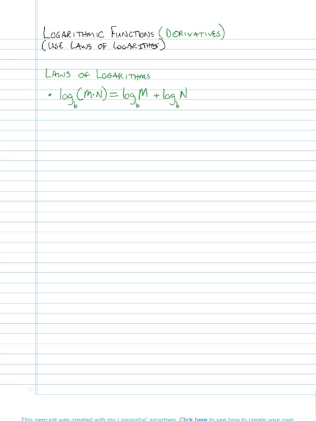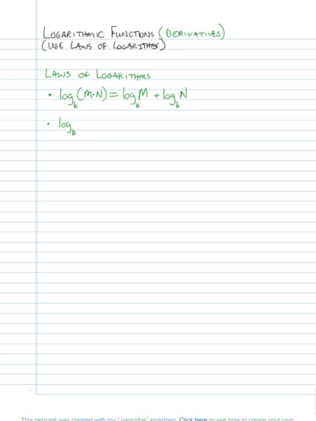Now remember, M and N can be numbers, they can be letters, or they can be complete expressions. M itself might be the square root of x plus 1. N might be the quantity x squared plus 1, all to the fourth power. So there's no telling how complicated M and N are. The second law is called the quotient law, and quotient, of course, has to do with fractions.